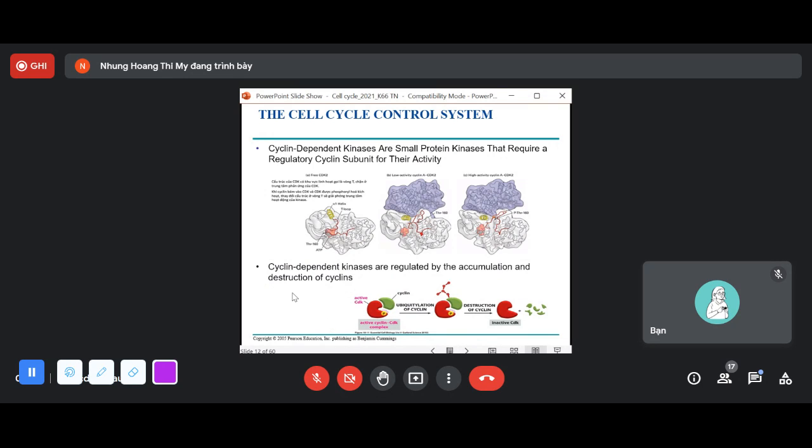So why does the activity of CDK depend on the binding of the cyclin? Because the binding of the cyclin to CDK regulates the CDK subunit for its activity. I don't know if you remember that the activity of a kinase is transferring one phosphate group from ATP to its corresponding substrate.